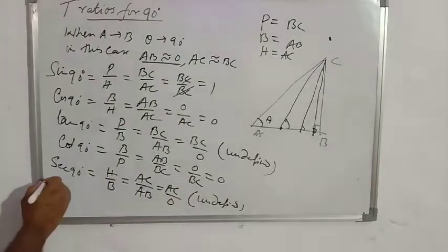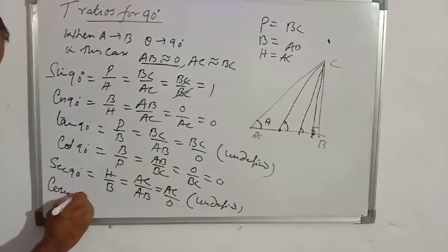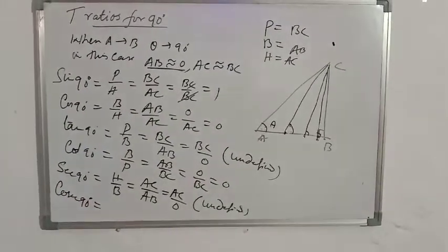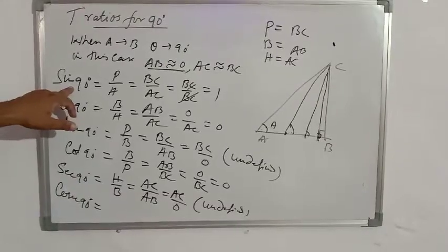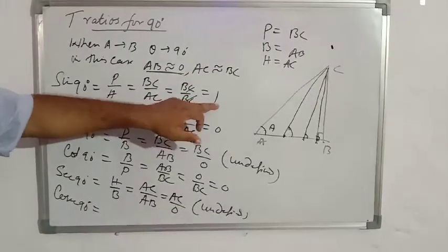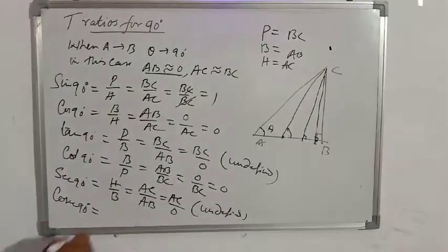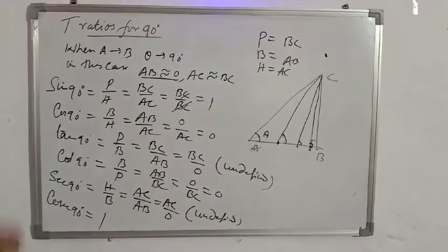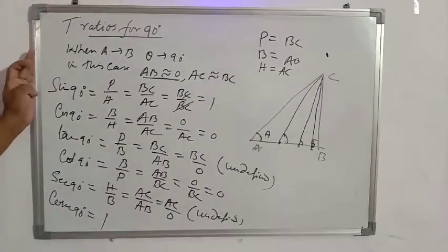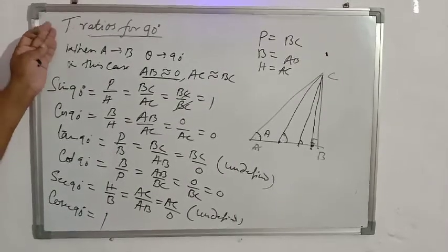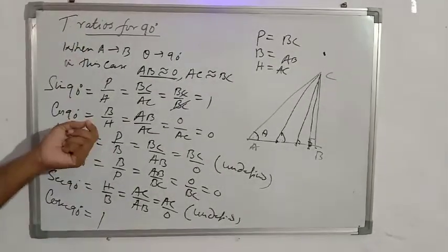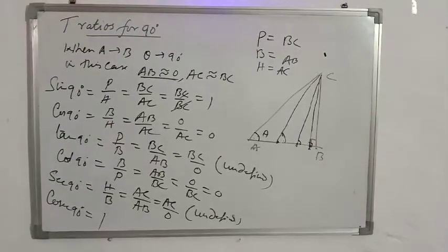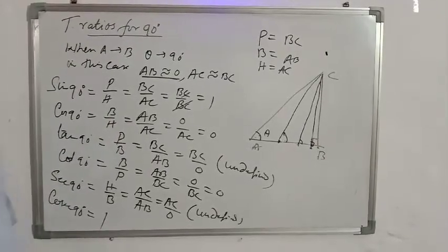Sec 90 is undefined. Now cosec 90. What is cosec 90? Cosec 90 is reciprocal of sin 90 and value of sin 90 is 1. Reciprocal of 1 will be 1. So cosec 90 value will be 1. So here we have discussed trigonometrical ratios for 0 degree, 30 degree, 60 degree, 45 and 90 degree.